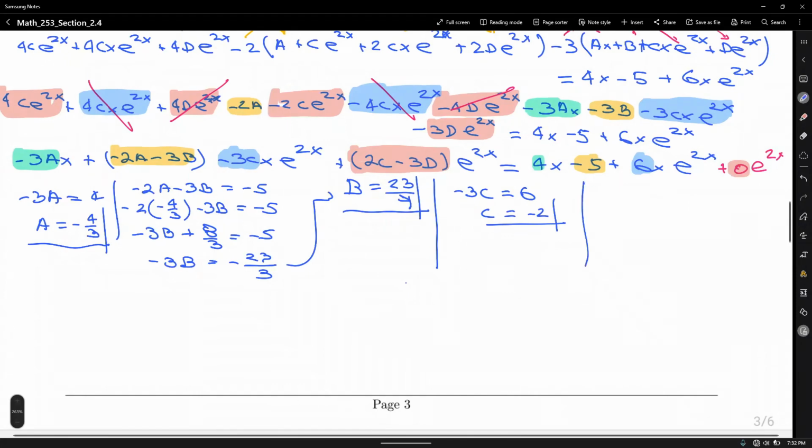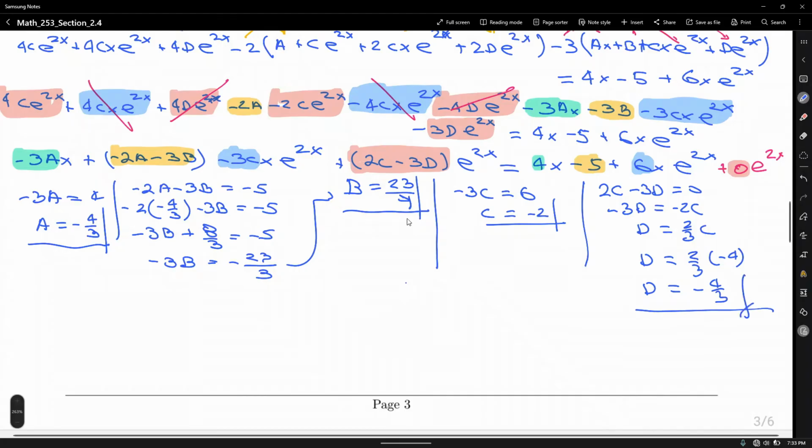So this is 2c minus 3d equals 0. But since we already know the value of c, negative 3d equals negative 2c. So d equals 2/3 c, and d equals 2/3 times c, which is negative 2, and multiplying these together, d equals negative 4/3.